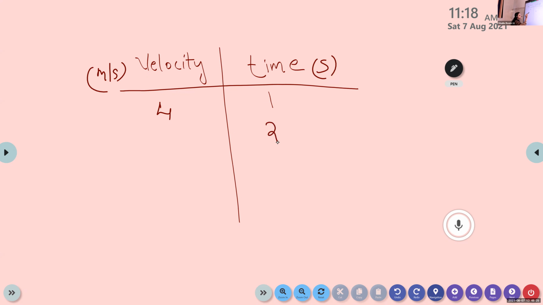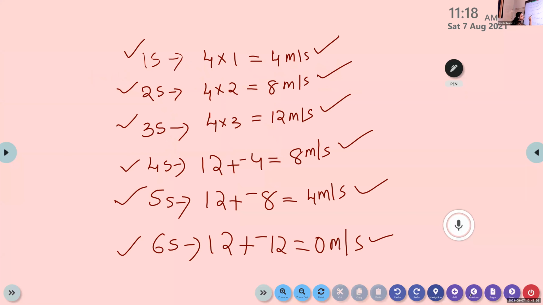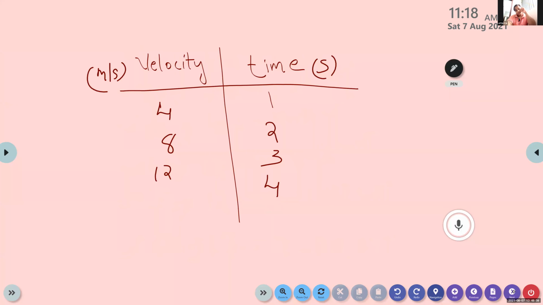At 2 seconds, 8 meter per second. At 3, it is 12 meter per second. At 4, it is again 8 meter per second. At 5, it is 4 meter per second, and at 6 seconds, it is 0. So here we get the velocity of the object corresponding to each second.